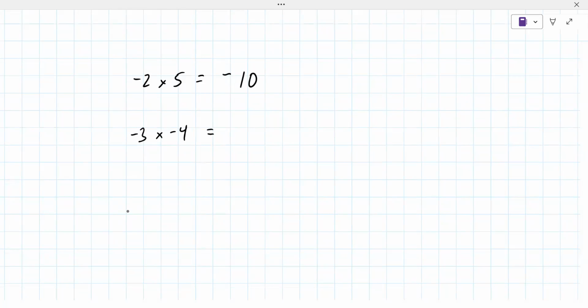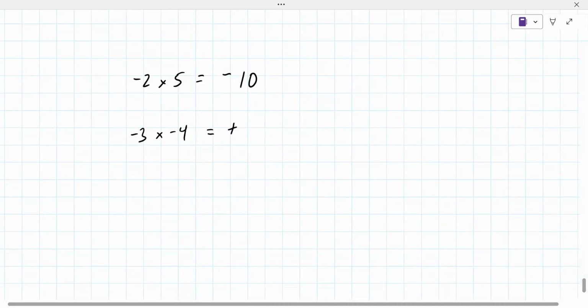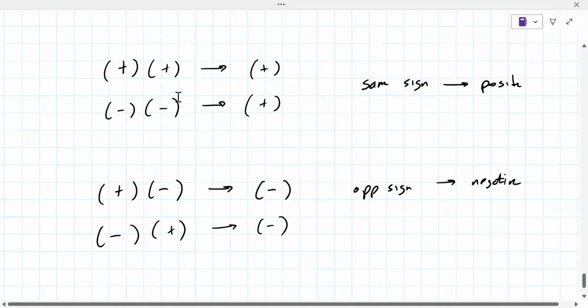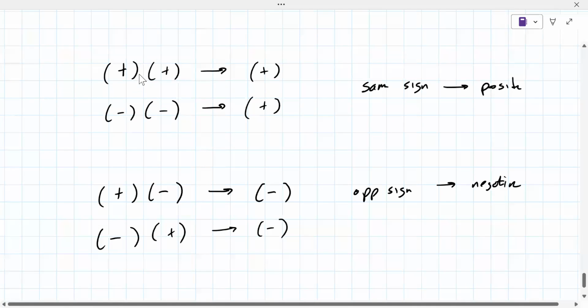-3 times -4. Same signs, so the answer is positive. These are the only rules for multiplication. If they're both positive, the answer is positive. If they're both negative, the answer is positive. If they're opposite in sign, one positive, one negative, it becomes negative.